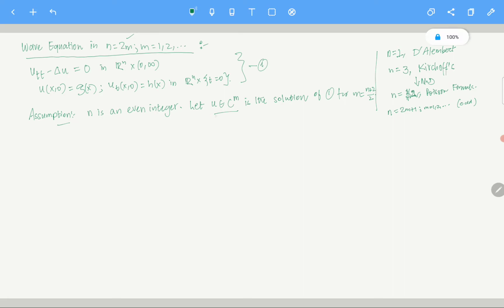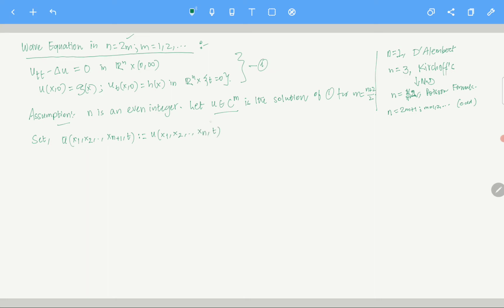So basically we start out with u in C^m. Now we want to put a representation formula as we have already done, and for that we are going to use the exact same idea, the method of descent. So we set u bar of (x1, x2, ..., xn, x_{n+1}, t) to be u of (x1, x2, ..., xn, t).